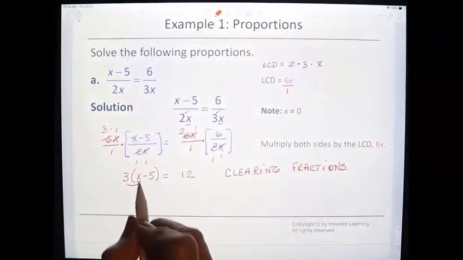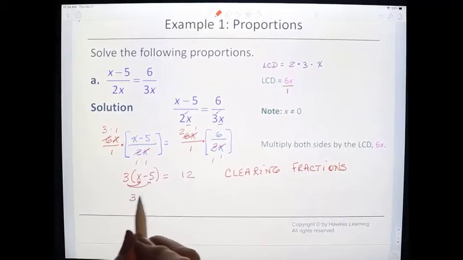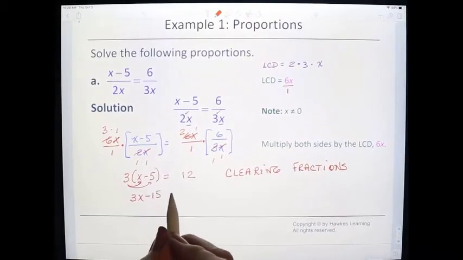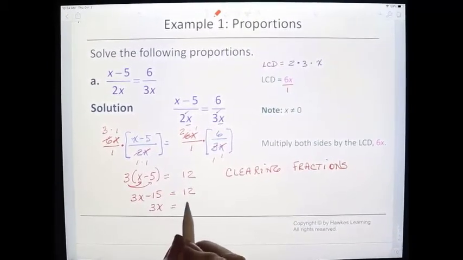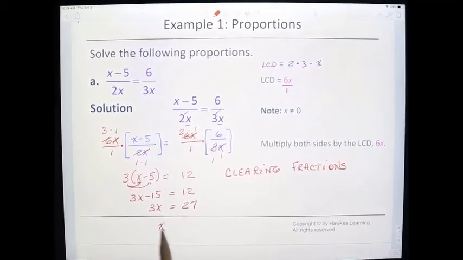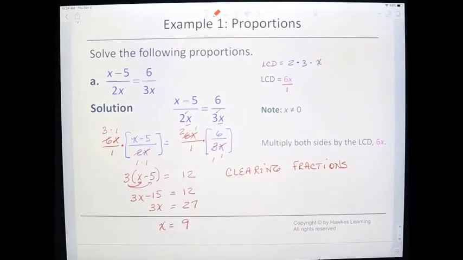So let's do a quick distribution here. Let's add 15 to both sides, and let's divide by 3. So we've got our answer.